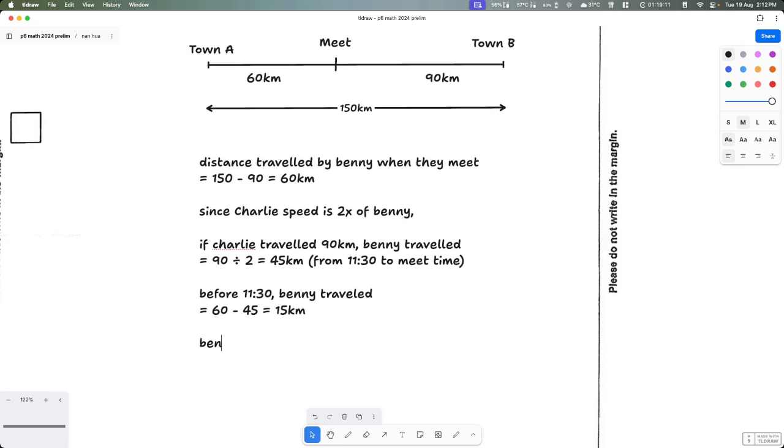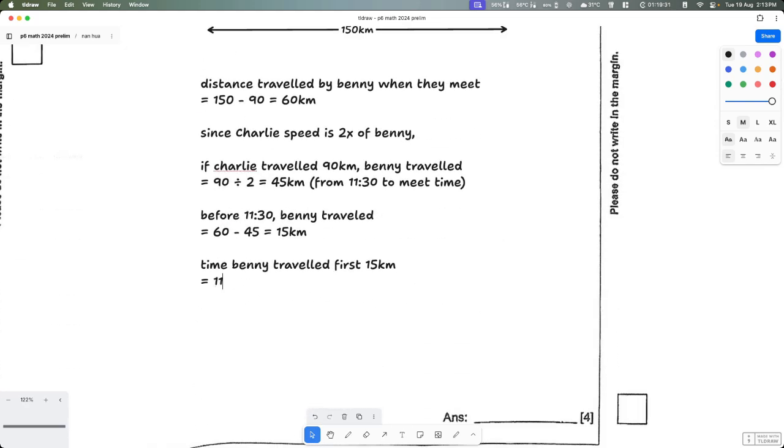So Benny traveled the first 15 kilometers in, in this case, 11:30 minus 11:00, which is 30 minutes.